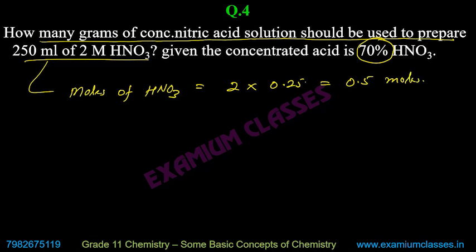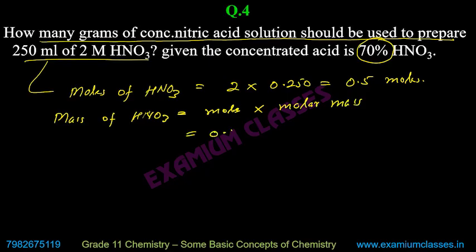Now mass of HNO3 will be moles into molar mass. Molar mass of HNO3 is 63, so 0.5 into 63. We need 31.5 grams.